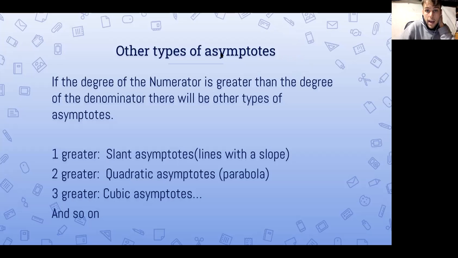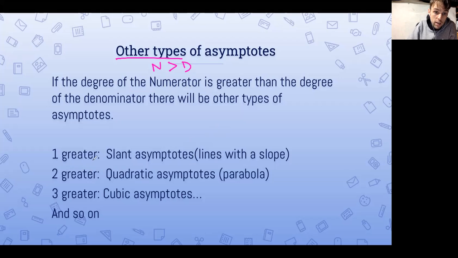Now, we have the opportunity to have some other types of asymptotes. And these are going to happen when the degree of the numerator is greater than the degree of the denominator. So when n is greater than d. Now, depending on how many degrees greater, we're going to have different types of asymptotes.